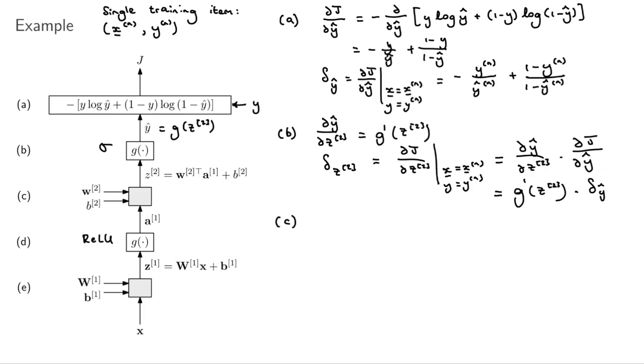Now the backprop algorithm tells us that we need to calculate the partial derivative of the output with respect to each of the inputs, so W2, B2, and A1. Let's look at W2, because that's the interesting one. So we need to get the partial derivative of Z2 with respect to W2. Now this looks a little bit crazy because there are vectors and matrices here. Well, actually just vectors.